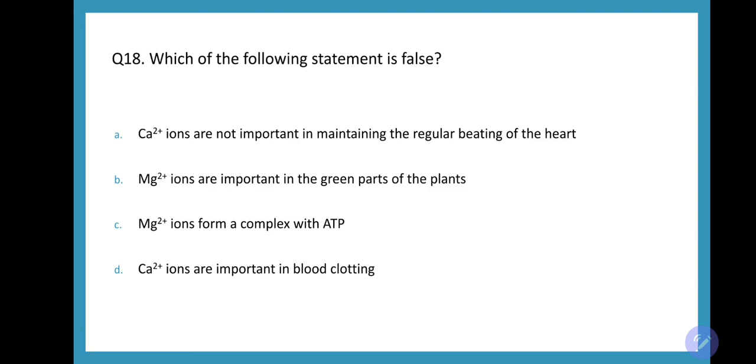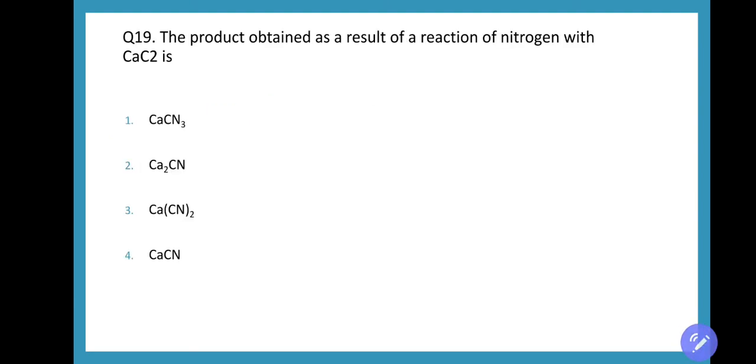The correct answer is A. This statement is false because magnesium ion is important in the green part of the plant, magnesium ion forms a complex with ATP, and calcium is important in blood clotting. But calcium ions are not responsible for maintaining the regular beating of the heart. Clear? Now let's move to the next question.